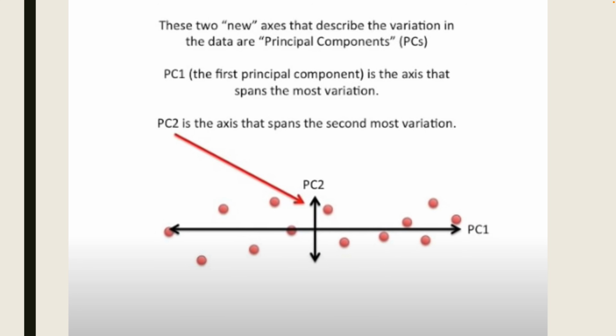Now if we look at the most variation, which I'm going to identify as the first principal component, the first variation goes from the point all the way to the left, I'll circle it to make a point, and all the way to the right. That variation, given by the line PC1, is the most variation that I observe. The second most variation I observe is the vertical component, which would run from this point all the way up to probably this point.